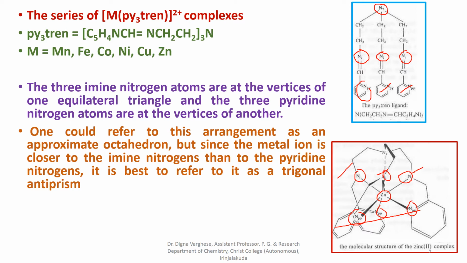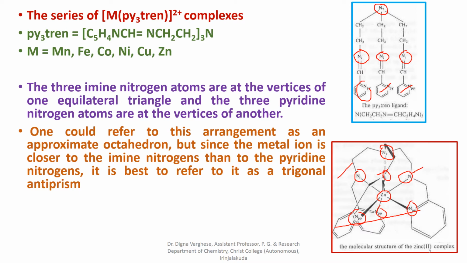But since the metal ion is closer to the imine nitrogen than to the pyridine nitrogen, it is best to refer to it as a trigonal antiprism. By this, the 7th coordination number, that is the 7th nitrogen, is coordinated to the metal atom through one of the rectangular faces of the trigonal prism.